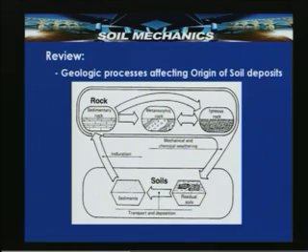Before introducing the types of clay minerals, let us once again look at the geologic process affecting the origin of soil deposits. As can be seen here, the source is igneous rock. After mechanical and chemical weathering, it transforms into residual soil, and this residual soil with the agencies can get transported and deposited in other places and forms sediments.